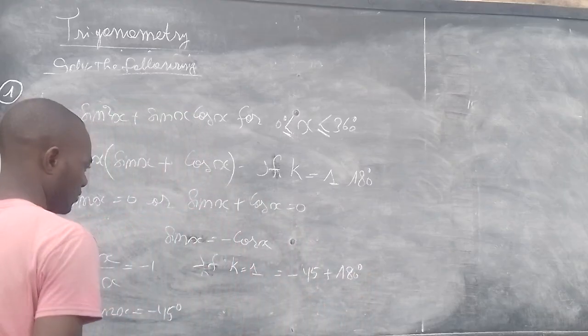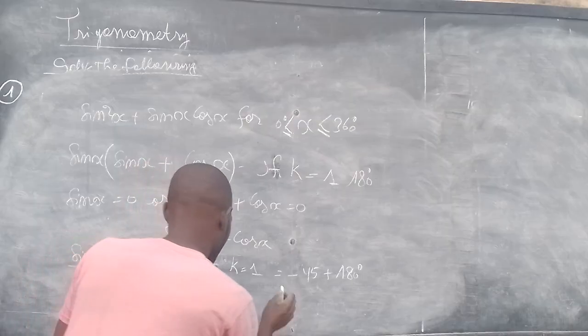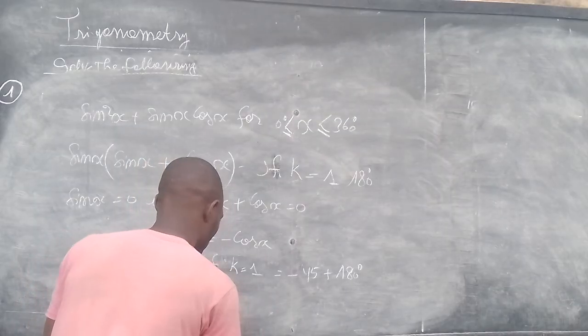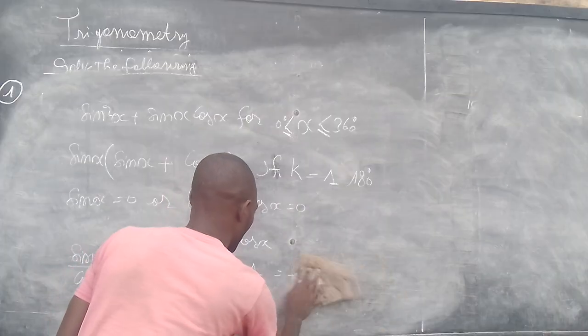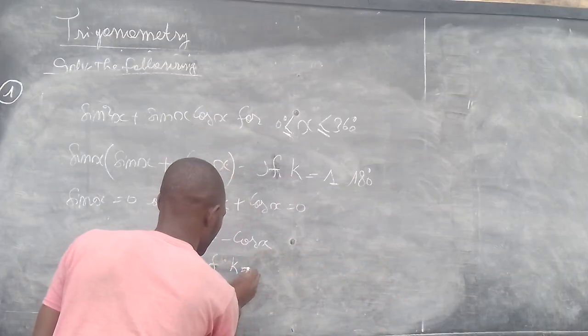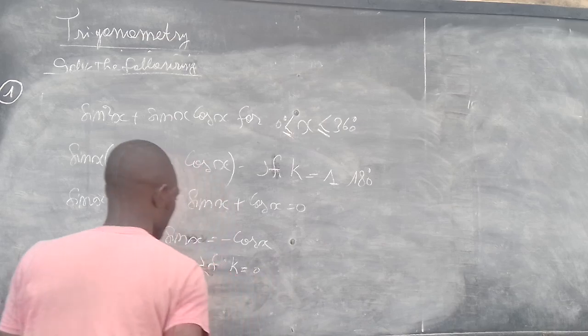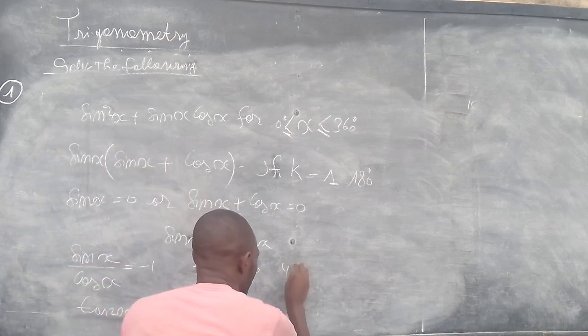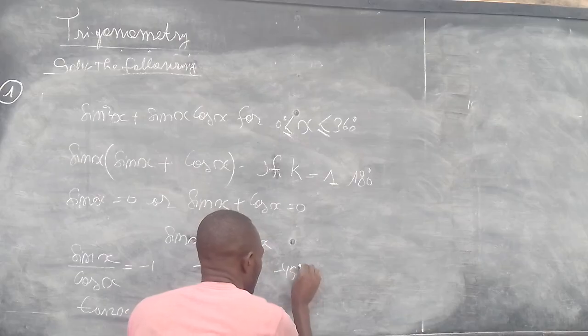If k equal to 0, we will have negative 45 degrees.